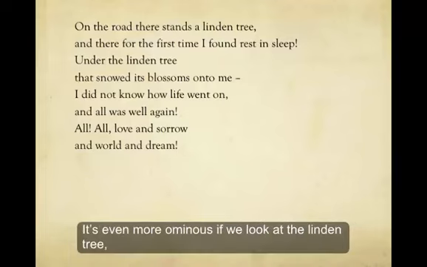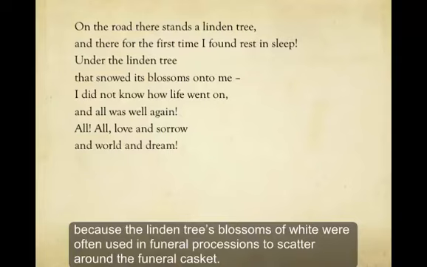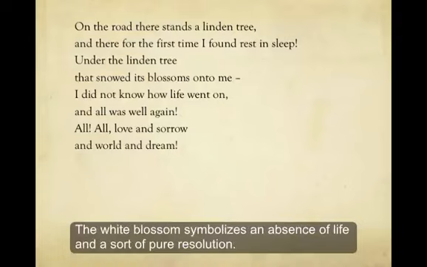It's even more ominous if we look at the linden tree, because a linden tree's blossoms of white were often used in funeral processions to scatter around the funeral casket. The white blossoms symbolize an absence of life and a sort of pure resolution. Oh dear.